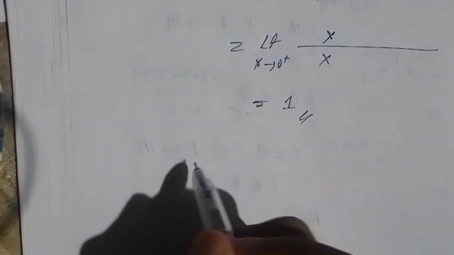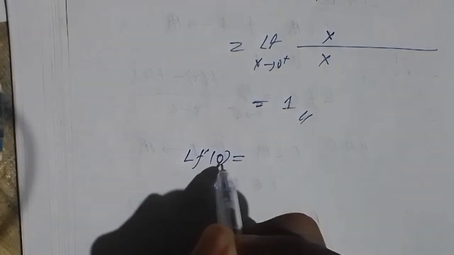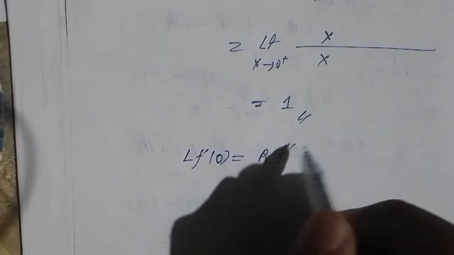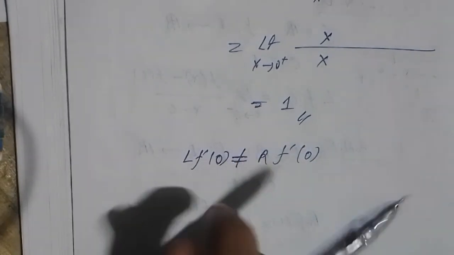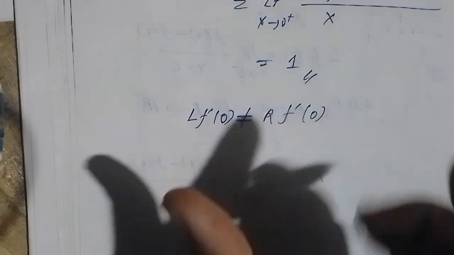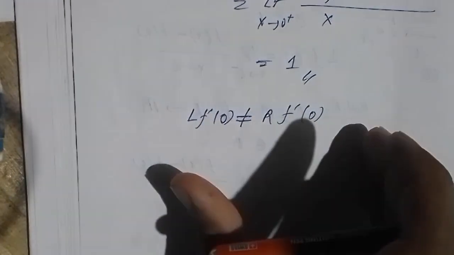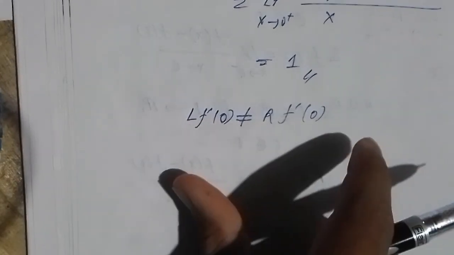So we have that the left-hand derivative at x equals 0 and the right-hand derivative at x equals 0 are not equal to each other. From the definition, a derivative exists if the left-hand and right-hand derivatives are equal. Here we have seen that they are not equal.